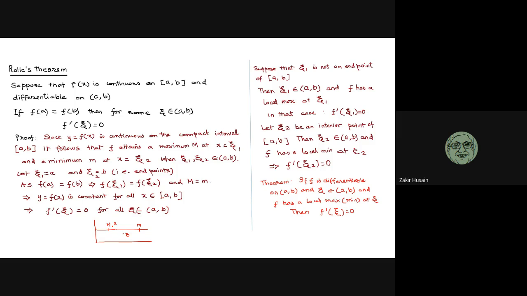So the function must go like this. y equal to f(x) must be constant for all points between A and B. Right? So that means within this range, y equal to f(x) is equal to a constant. So what is the derivative of this? Derivative of a constant is 0.